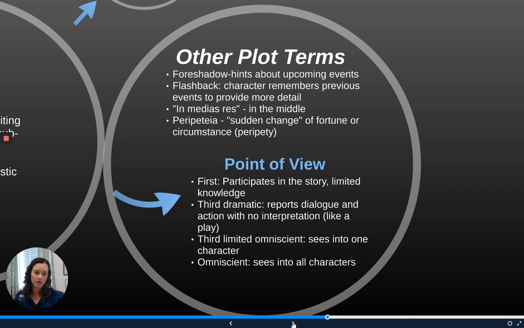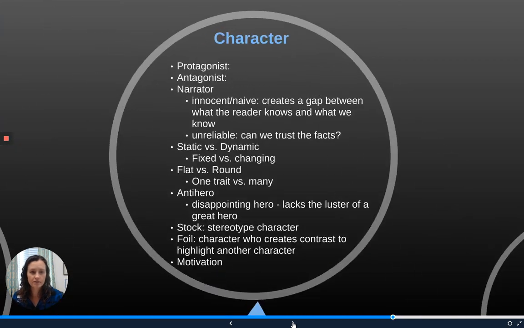We will see that in drama. Third, limited, where we see into one character and we follow that one character around. But we still have some narration because we have somebody outside the character telling us. And then omniscient is where we get to follow many, many characters. So understand those terms. Make sure you're entering these on your fiction term sheet so that you're ready to go.